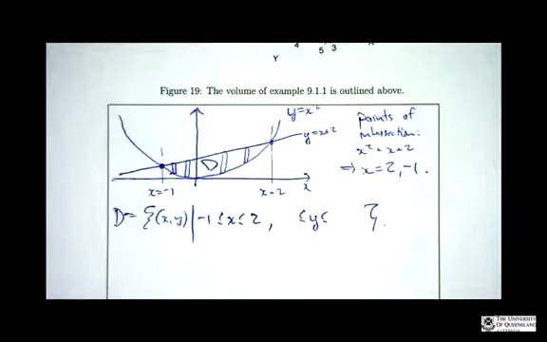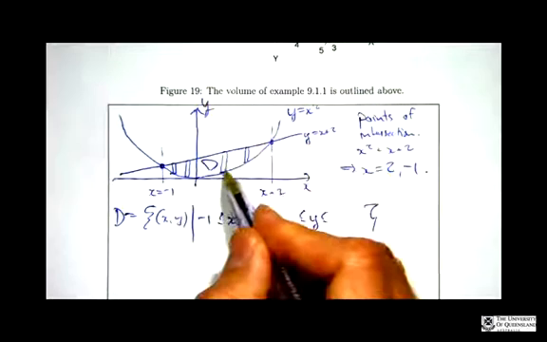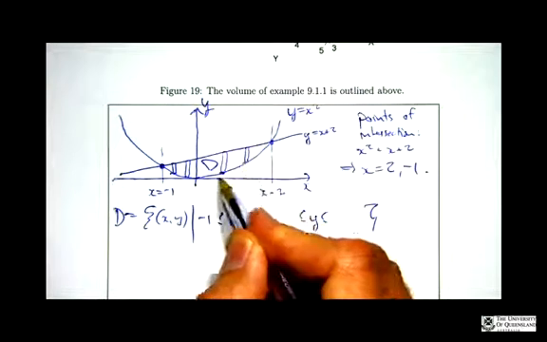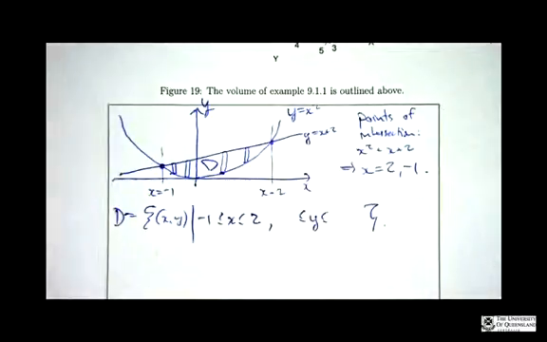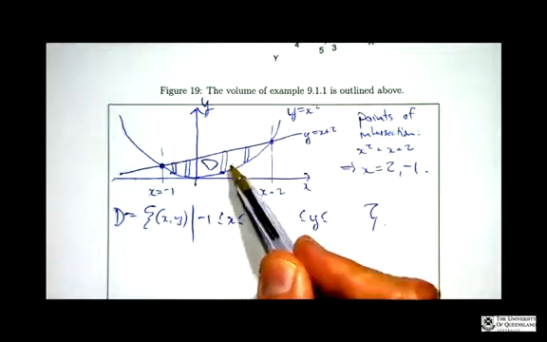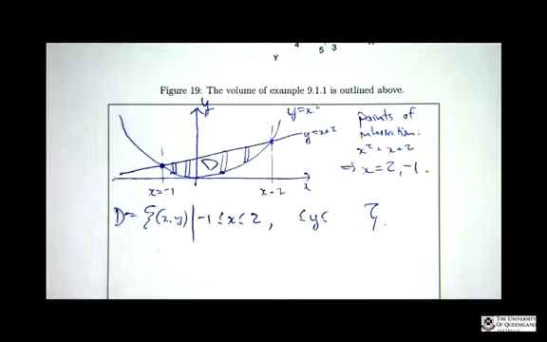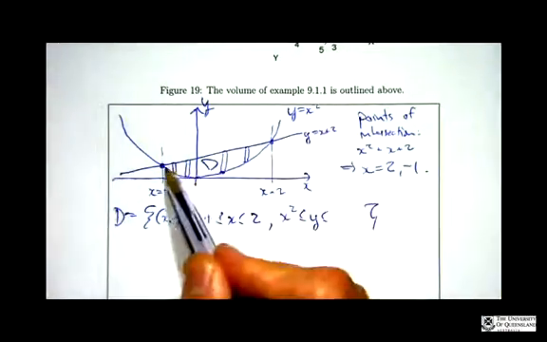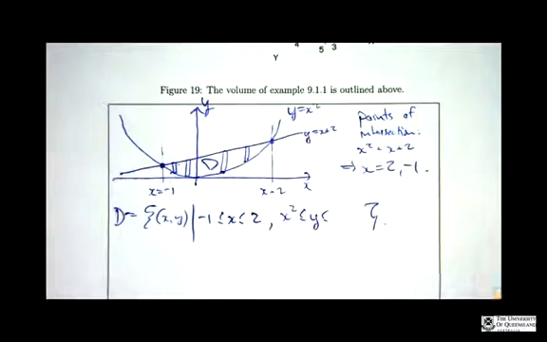In each case, what you can see is in the y direction, the lower bound for each rectangle always sits on the parabola, which has equation y equals x squared. That means any point inside the region will have a y coordinate that is greater than x squared, given some value of x between negative 1 and 2. So the lower bound is going to be x squared. Similarly, you can see the tops of these rectangles lie on the line y equals x plus 2. So the upper bound will be x plus 2.